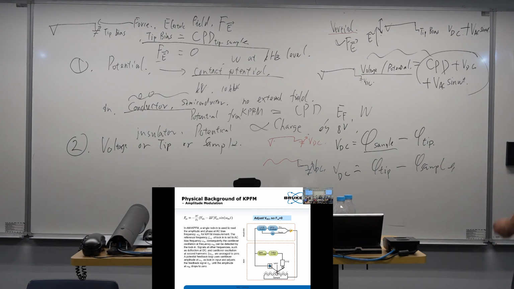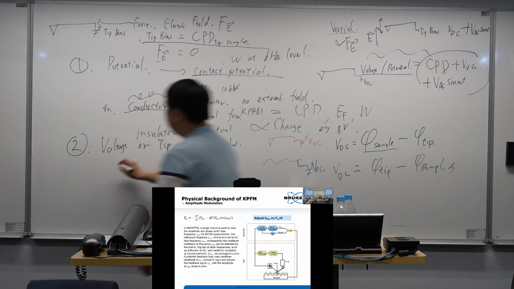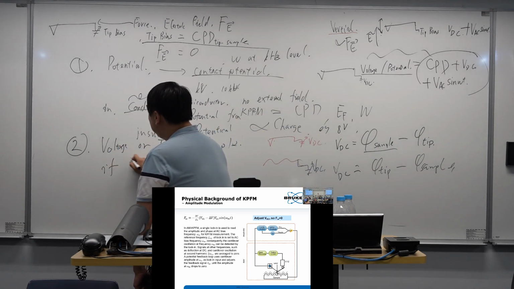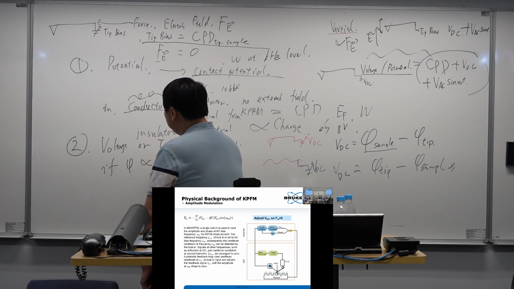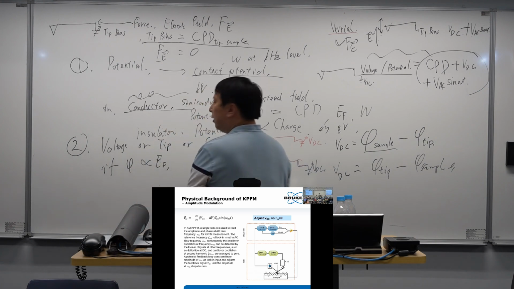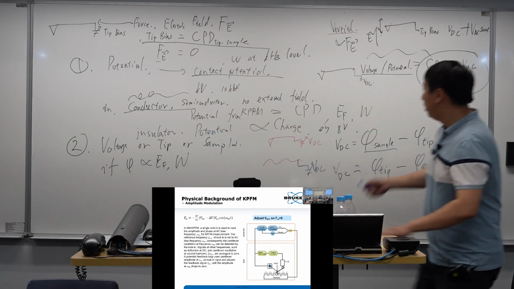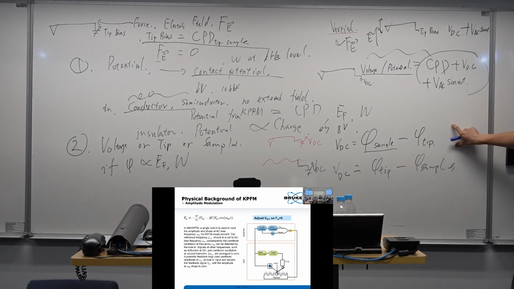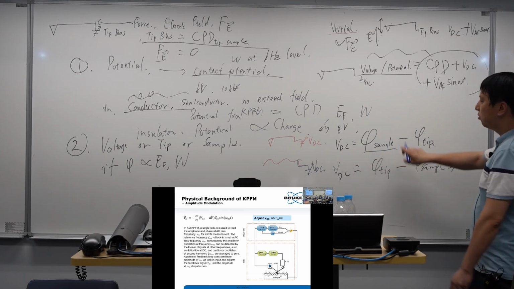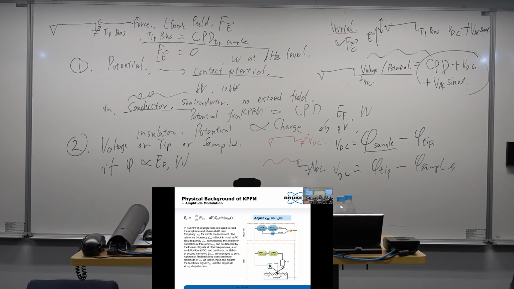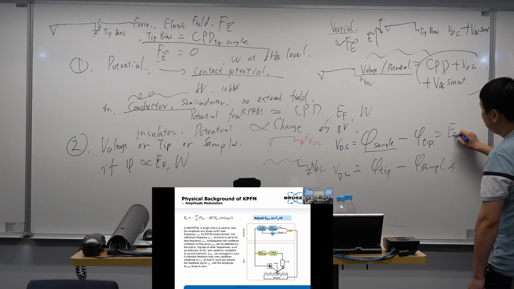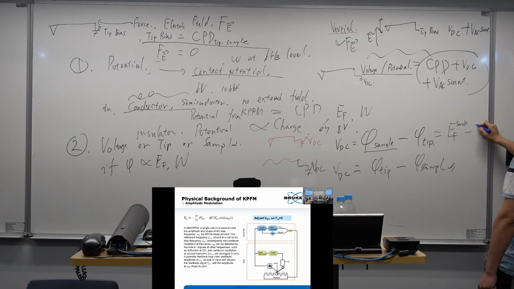Okay, so if the potential is related to the Fermi level and the work function, what can we get from here? If we apply the voltage on the tip, the VDC will equal phi sample minus phi tip. Of course, it will equal the Fermi level of sample minus the Fermi level of tip, right?